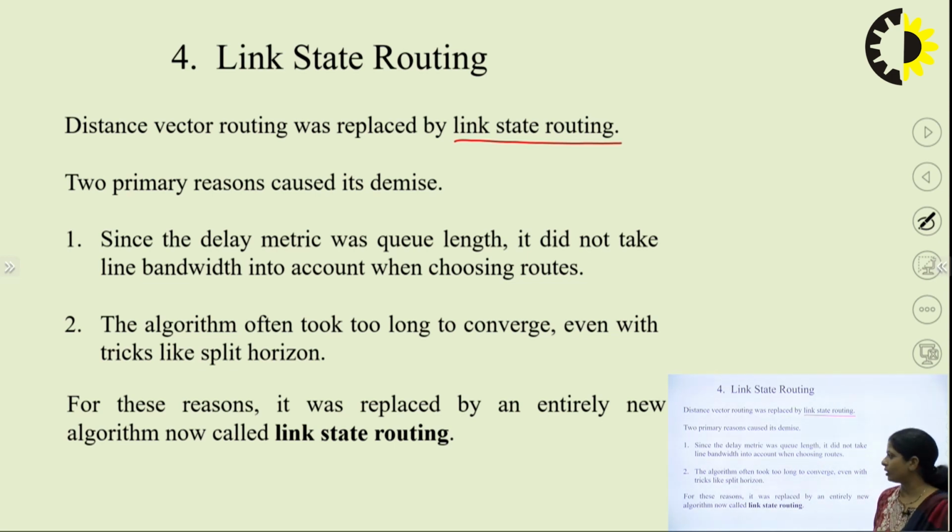Number one, since the delay metric was queue length, it did not take line bandwidth into account when choosing the routes. Second, the algorithm often took too long to converge, even with tricks like split horizon, as we have seen in the last slide. For these reasons, it was replaced by an entirely new algorithm which is known as link state routing.